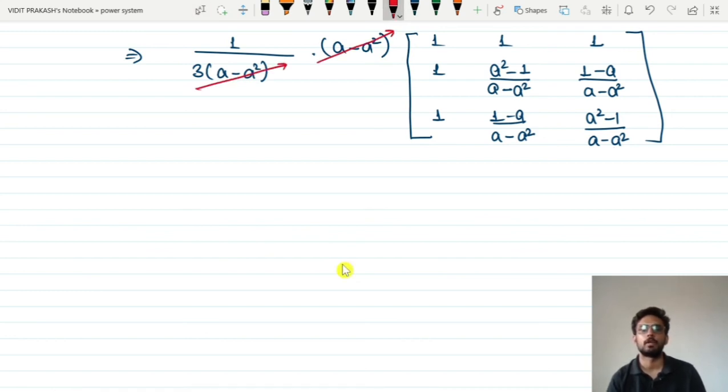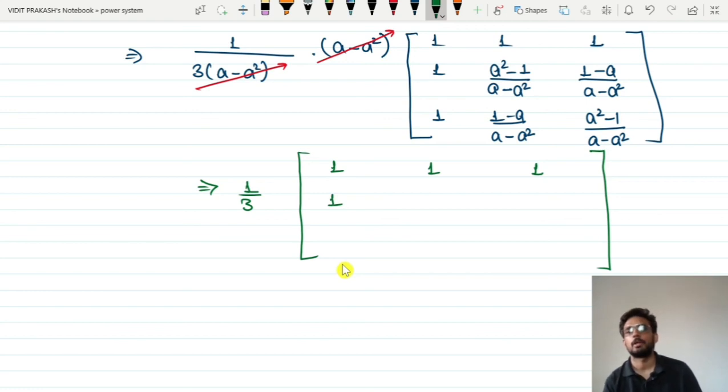What will we get? We will get 1 by 3, and this will be 1 1 1. Second row will be 1. This is A square minus 1, right? This is A square minus 1.